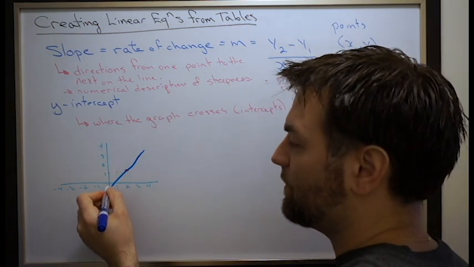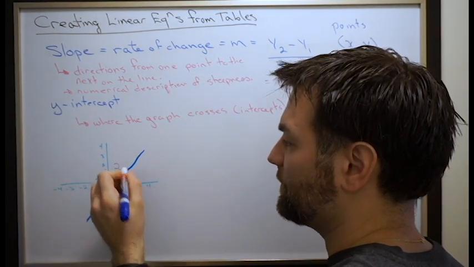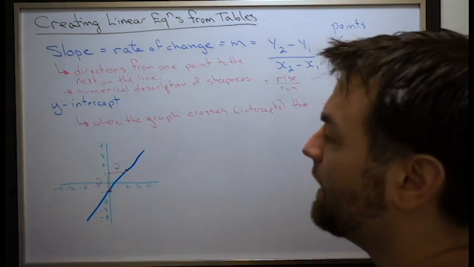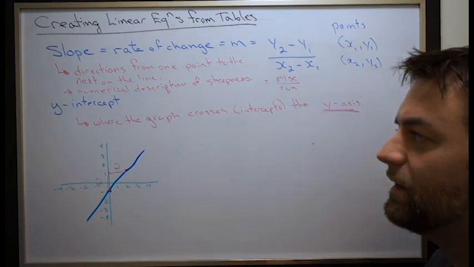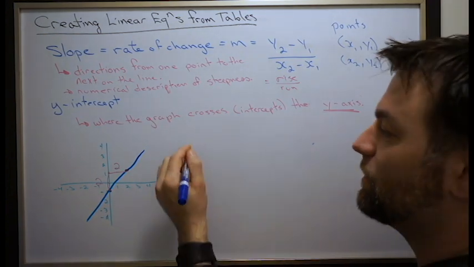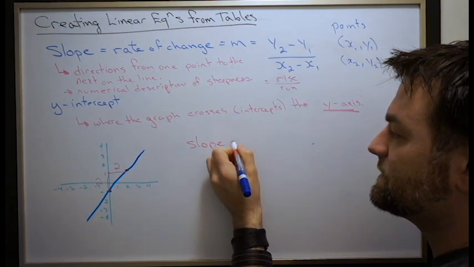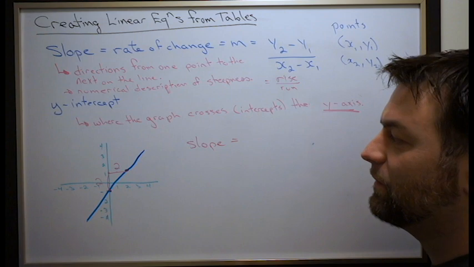So we rise up 2, we run over 2. So our slope in this case is 2 over 2, which would be 1 over 1 if we simplify that. And so our slope is the change from those different values on the graph.